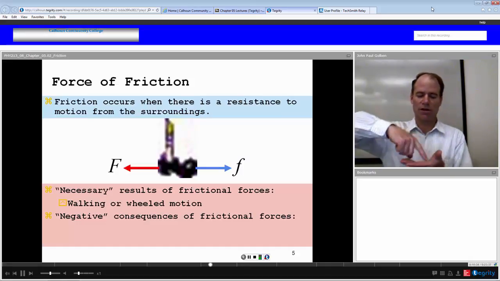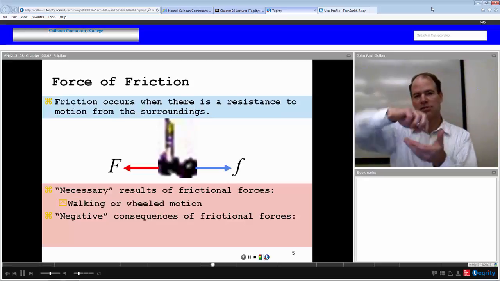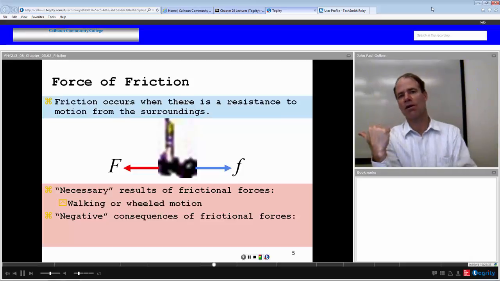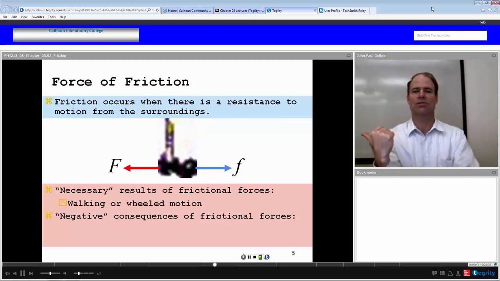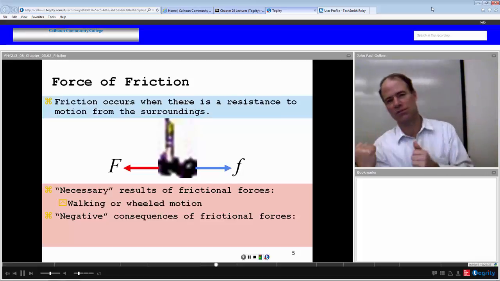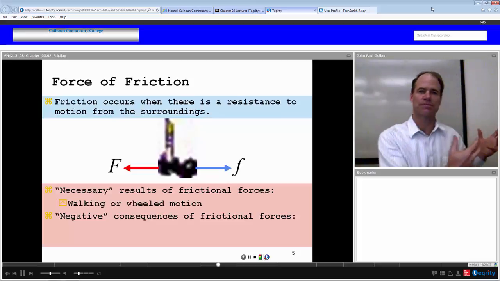If I'm walking along like this, the reason I'm able to propel myself forward is because I exert a force in that direction, and by Newton's third law, the floor exerts a force back on me, and it allows me to move forward. So I push one way, the force of the floor pushes back, and it pushes me forward.